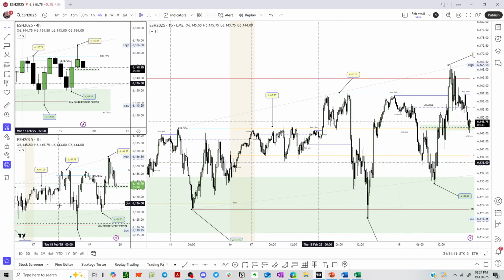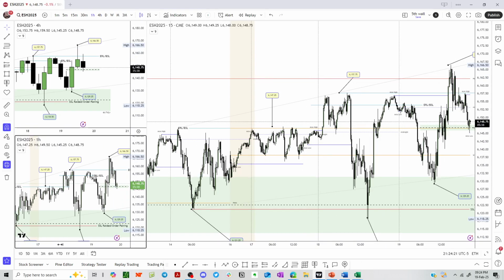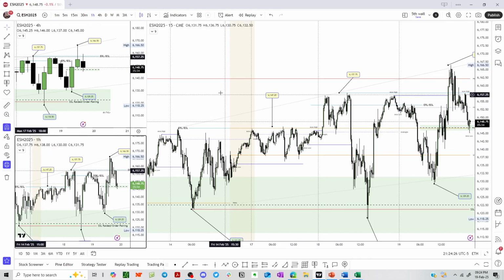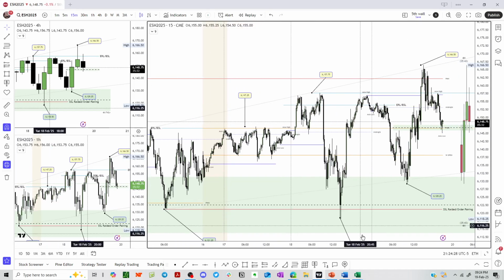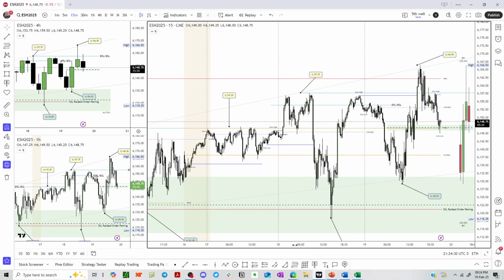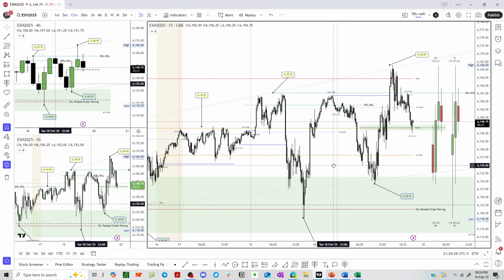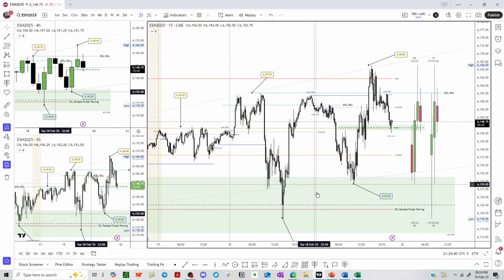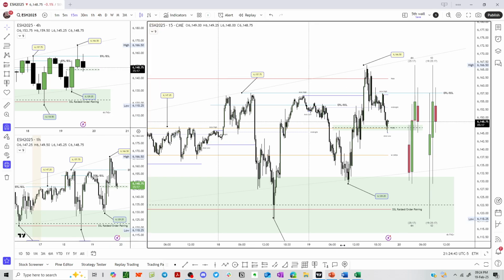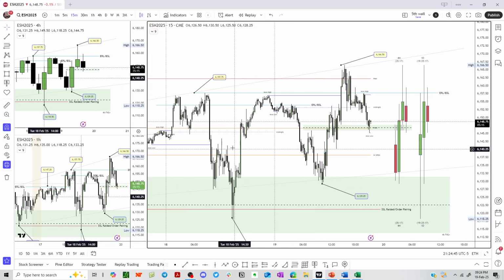We can drop down to a 1-hour if that suits you and look for an entry model, or we can go to the 15-minute, because the 4-hour and the 15-minute are very compatible. I'm 22 minutes in. We can talk about today's price action.